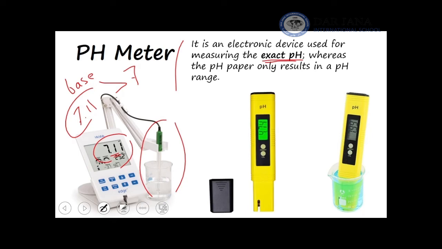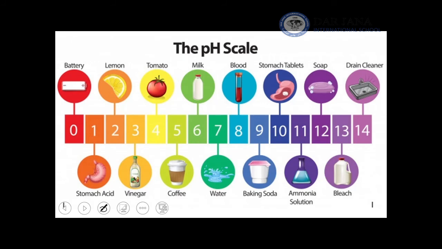The pH paper only gives a pH range, so using pH paper you can determine roughly the pH. Now again the pH scale goes from 0 to 14, from strong acids up to strong bases.